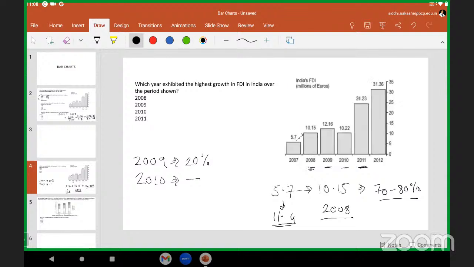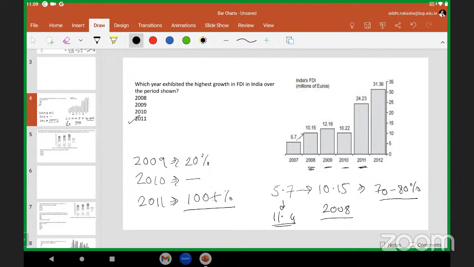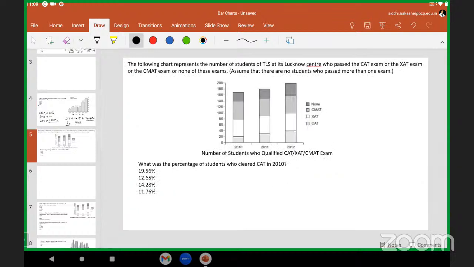So the answer over here is clearly 2011, because it is showing growth of 100 plus percent. So it has to be 2011. So this was one question.